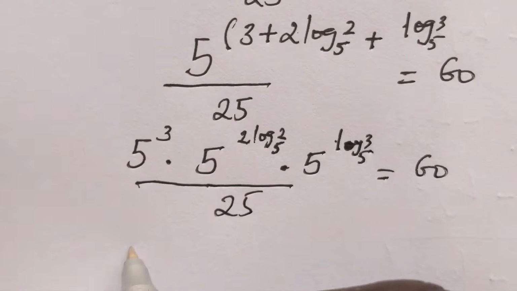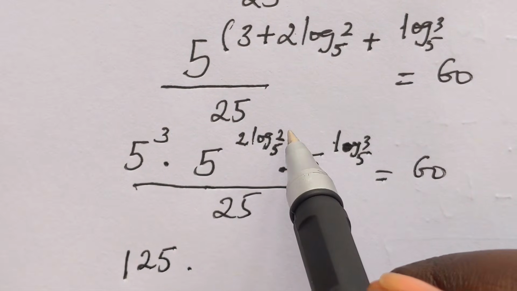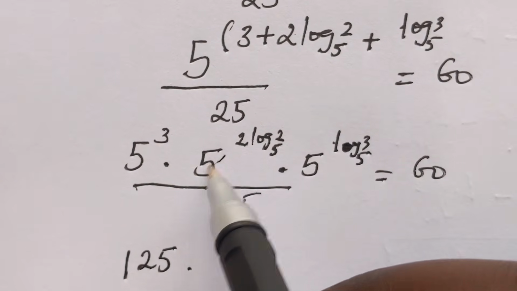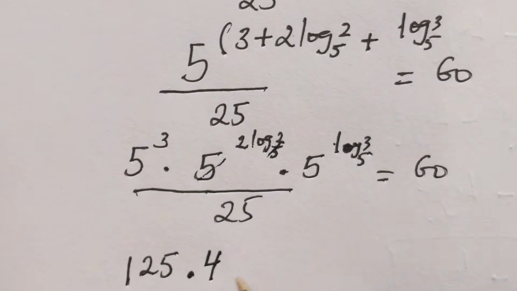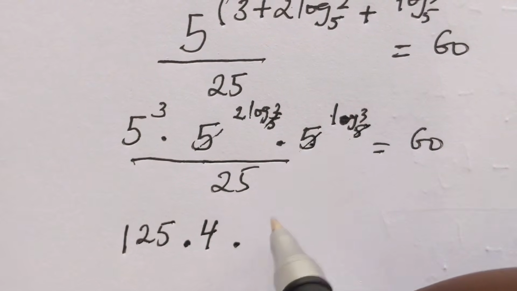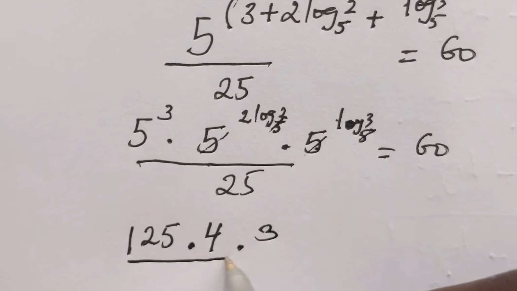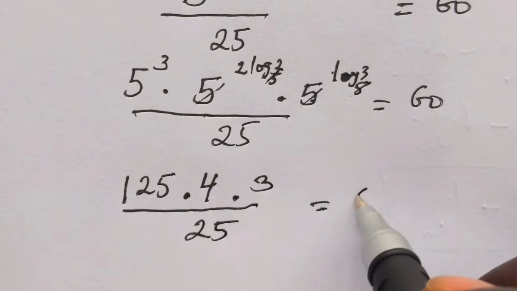This will be 125 times, once it comes here we get 4, so 125 times 4, times 3, then over 25 this will be 60.